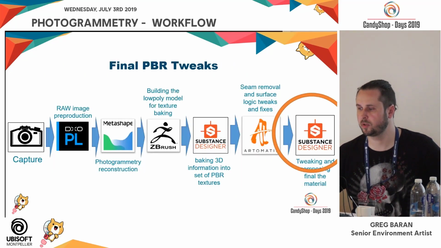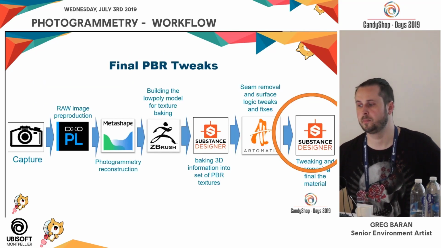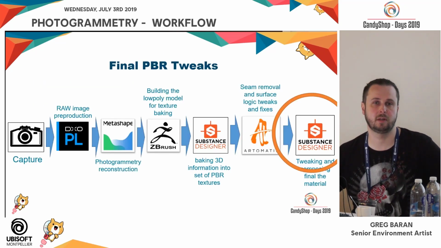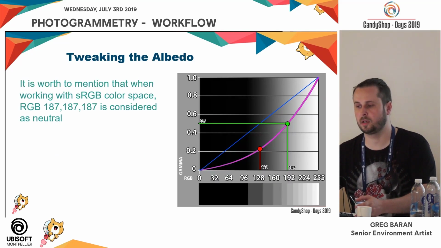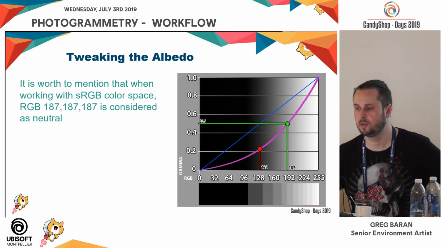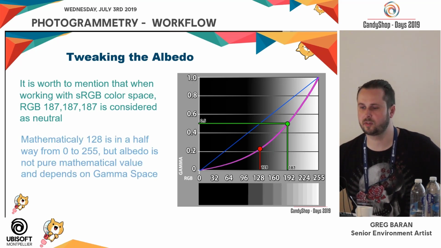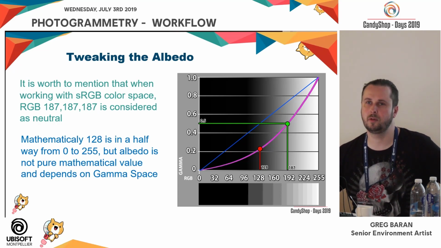The last part of the process is tweaking the final data to turn it into PBR materials. So I'm just setting the albedo value. As most of you know, the middle value of albedo is not in the middle of the color range.